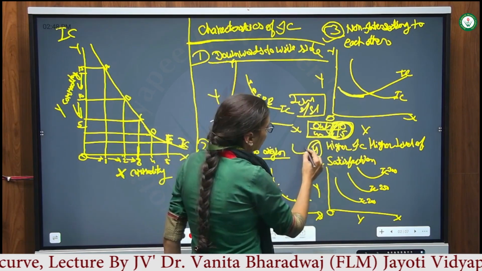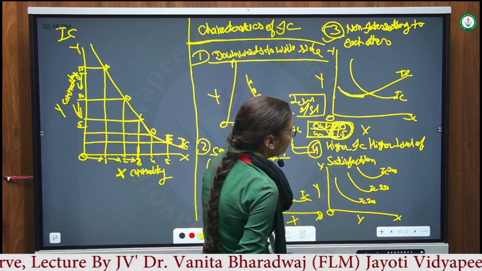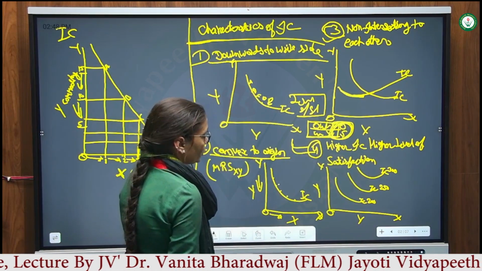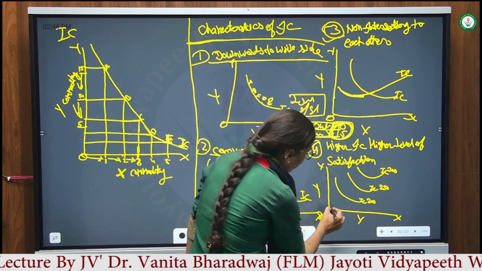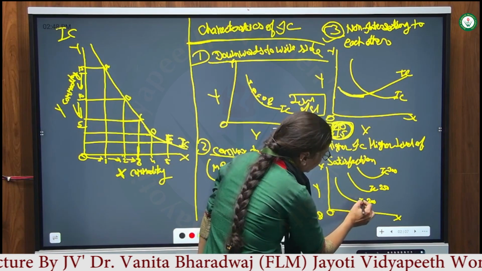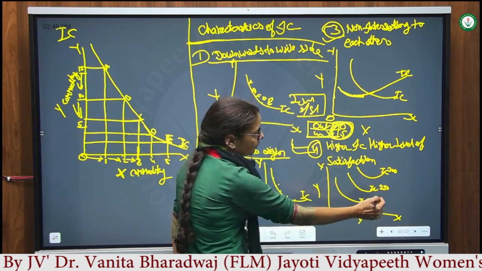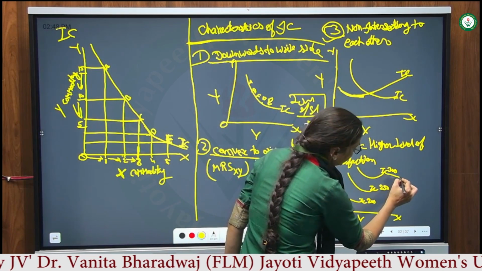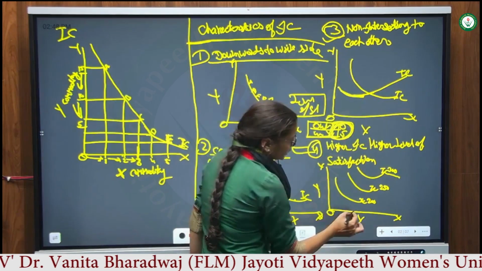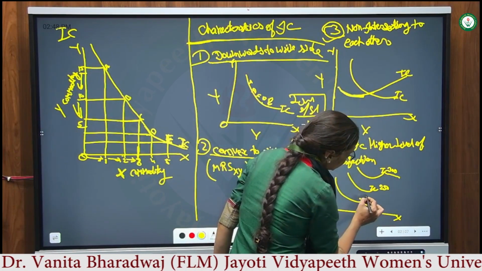Fourth point: a higher indifference curve means a higher level of satisfaction. When we show in the diagram three indifference curves, the right side indifference curve is giving a higher level of satisfaction, 300, and the left side indifference curve is showing less satisfaction.